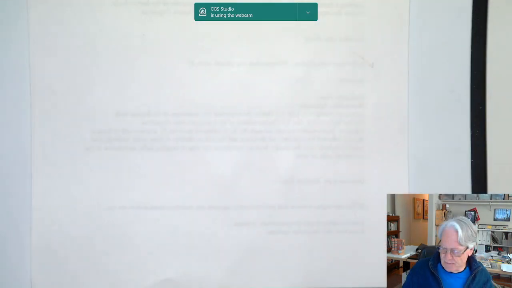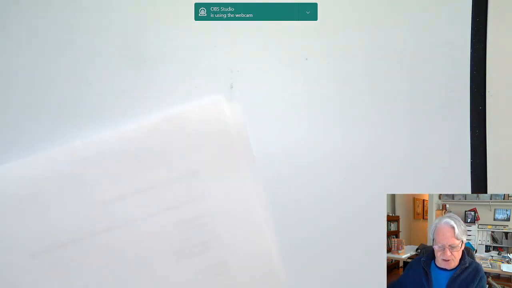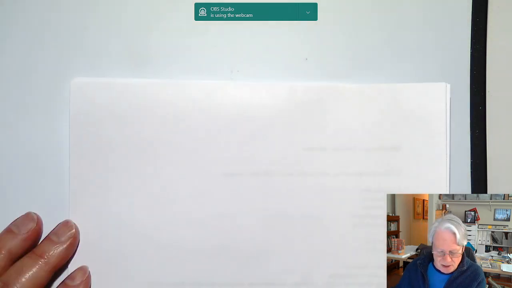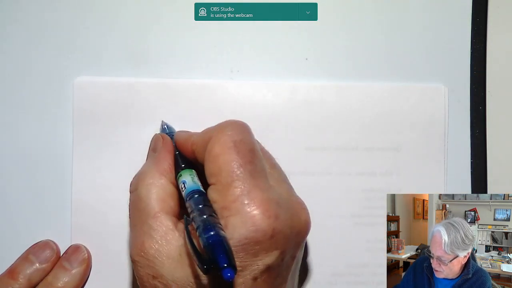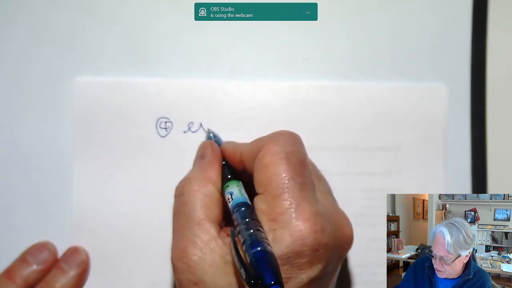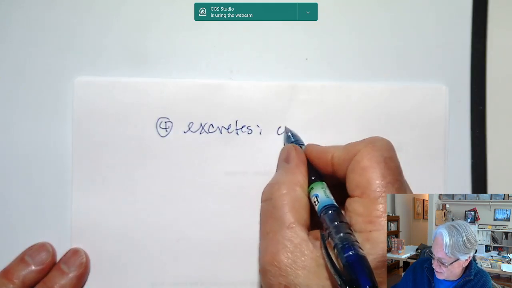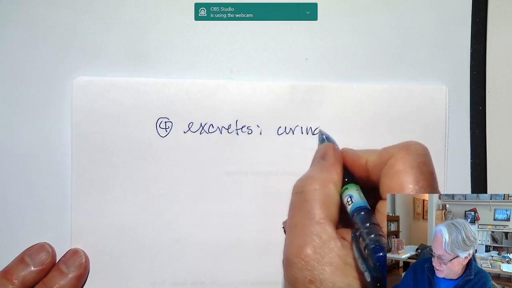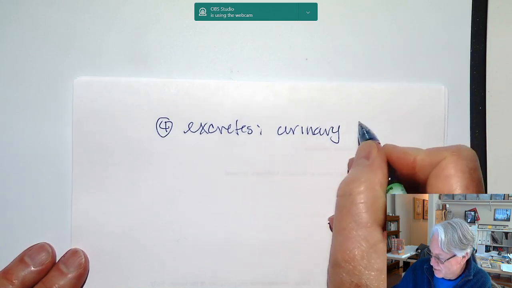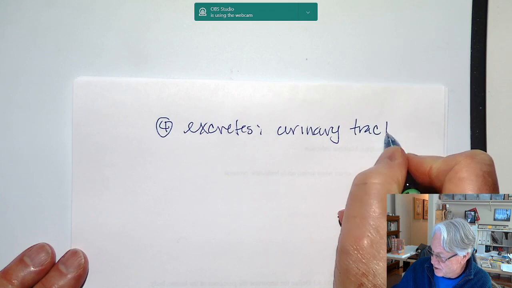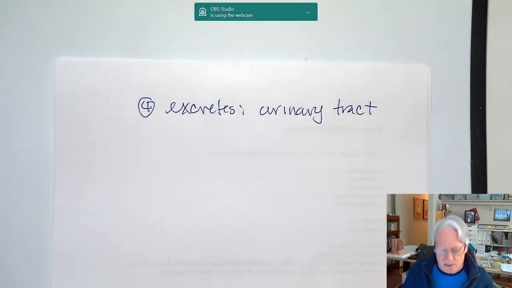And the final function, I should say, is going to be excretion. So it excretes. And a very good example of that is the urinary tract. And that you actually tackle in 40C. Okay. So those are the general functions.